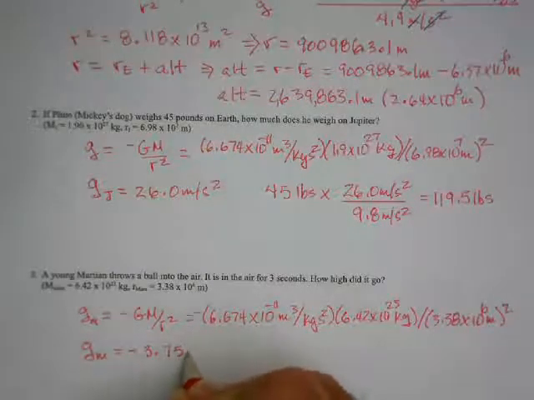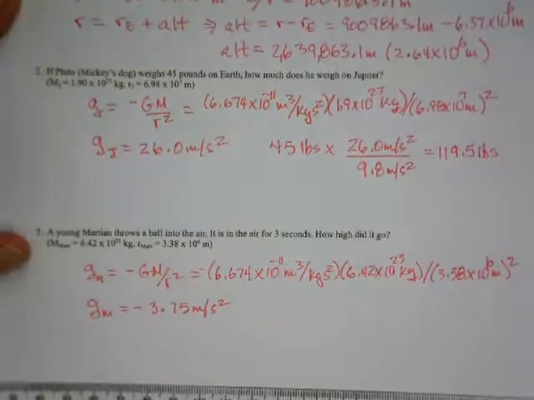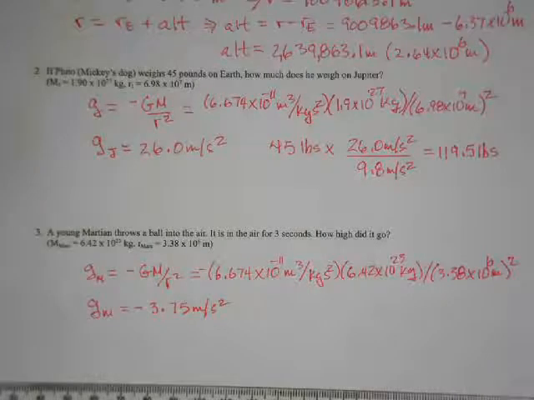So gravity on Mars is 3.75 meters per second squared. Now that I have that, I can go ahead and solve my problem.